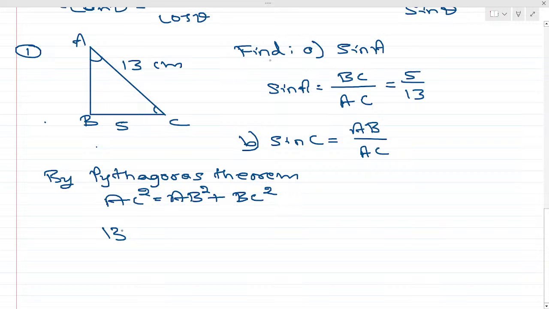So 13 square is 5 square plus the other side square, which makes 169 equal to 25 plus the square.